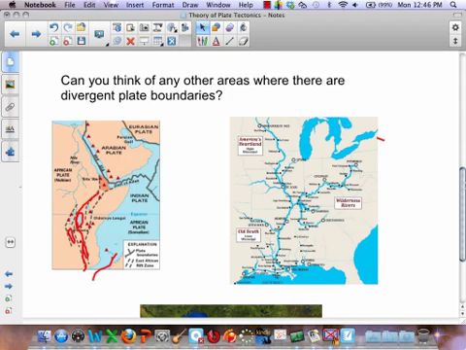The most notable is the East African Rift Valley. You can see there the Red Sea and Persian Gulf. Those are two examples of divergent plate boundaries, and it's all part of the same system.